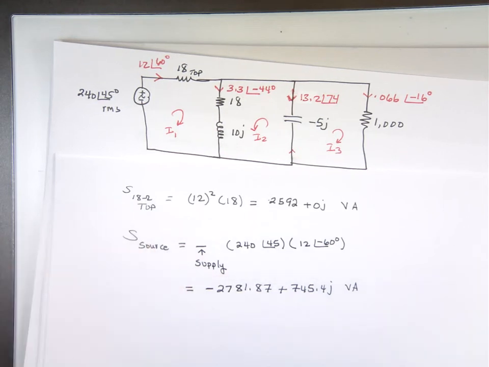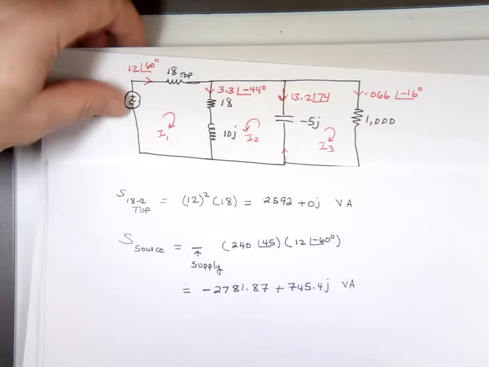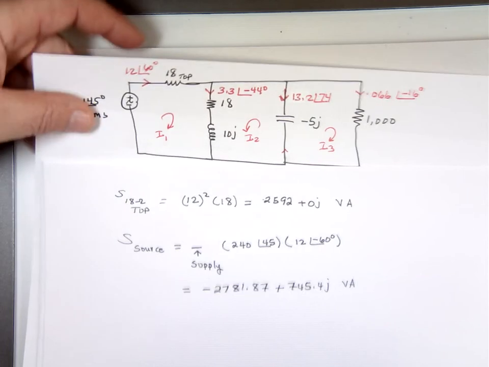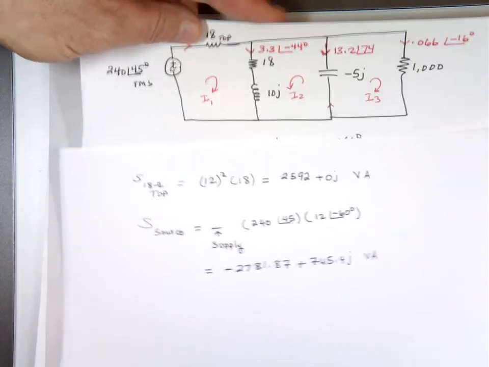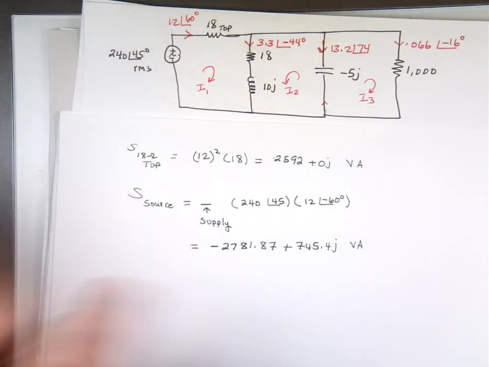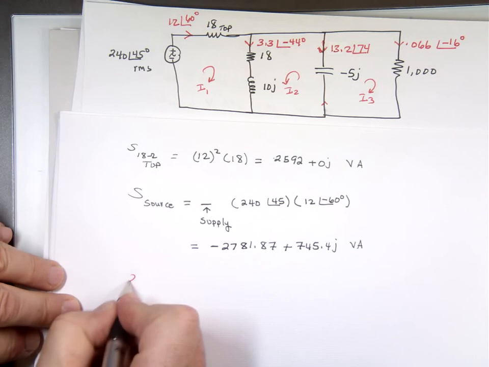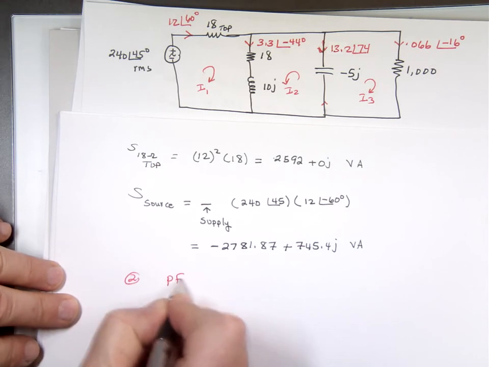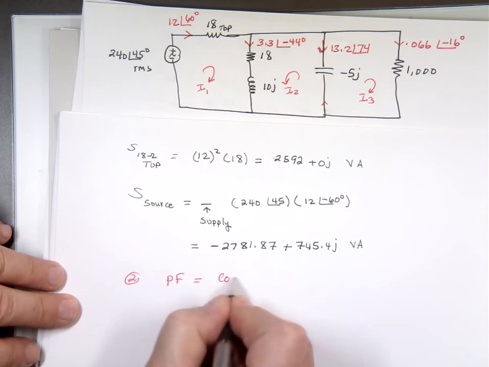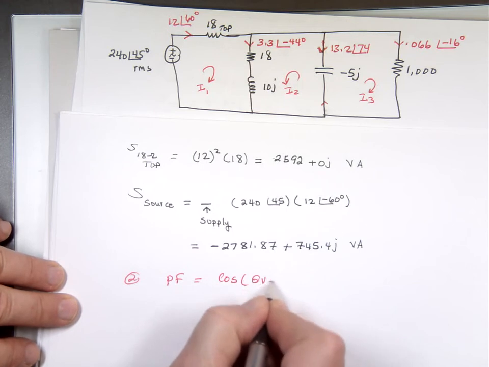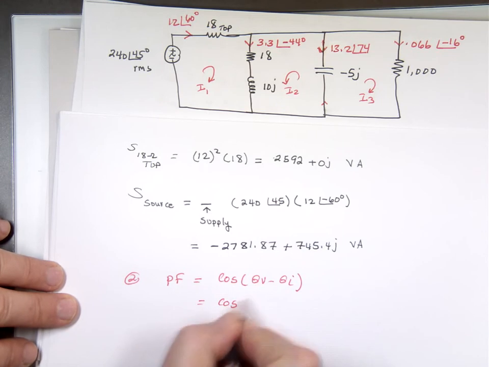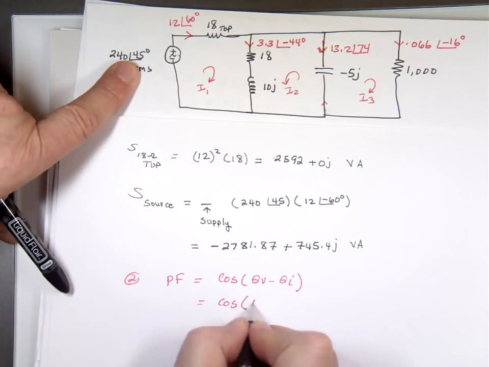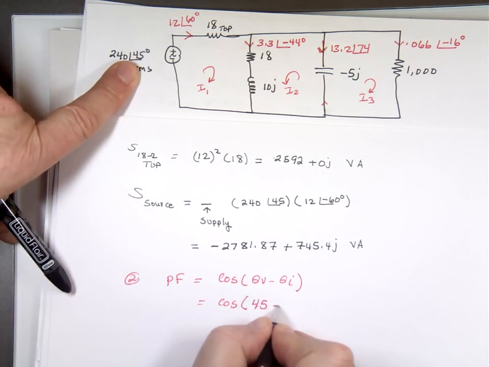The second part of the question: can you tell me the power factor of the source? Here's my source. That's part 2. Question 2, what is the power factor? The definition of power factor is cosine of theta V minus theta I. What's theta V for the source? 45, minus theta I, which is 60.